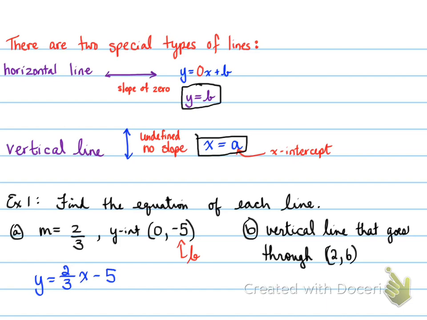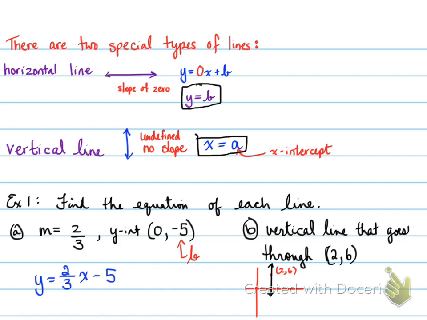Let's look at the next question. The next question says, find the equation of a line that is vertical. That is a vertical line that goes through (2, 6). Well, if you were to visualize this on a graph, (2, 6) would be somewhere about here, and it would be a vertical line going up and down.